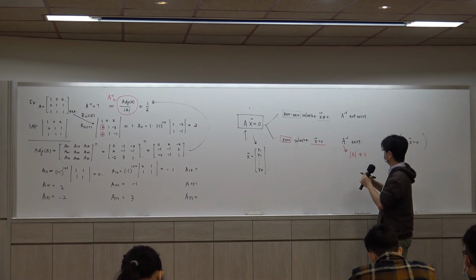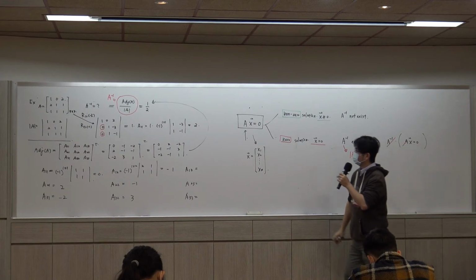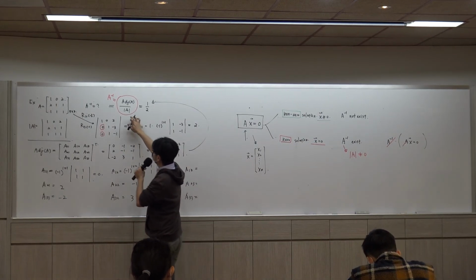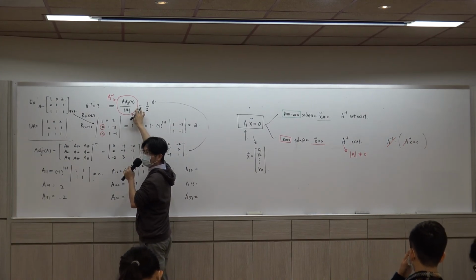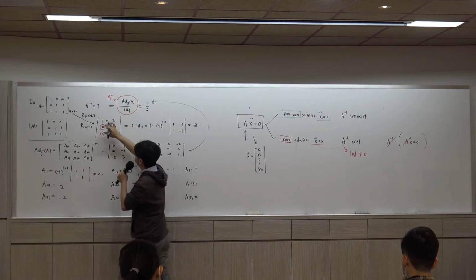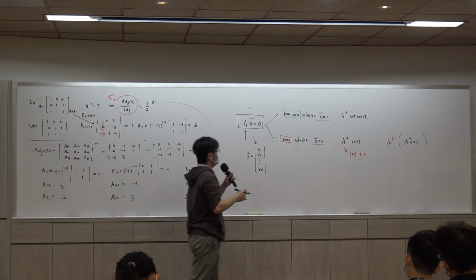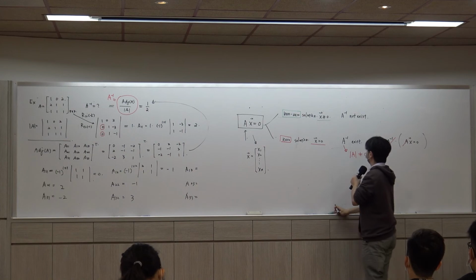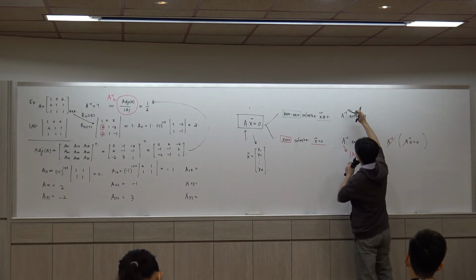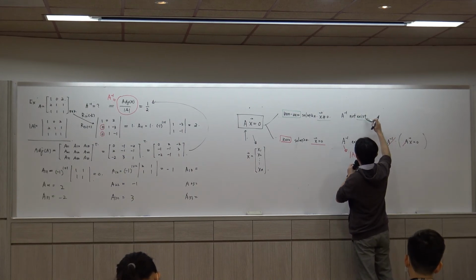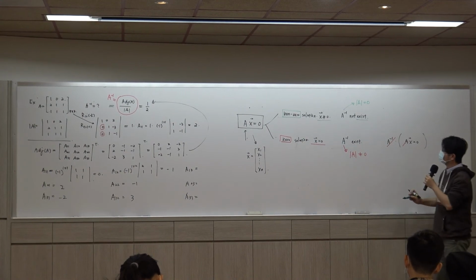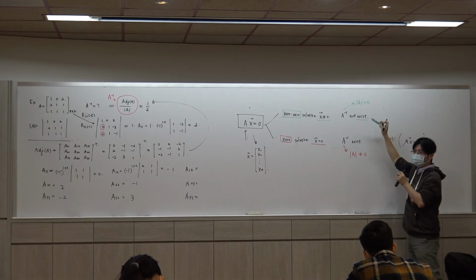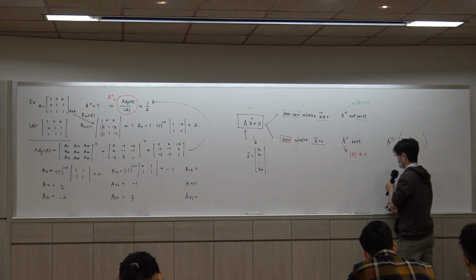Because if the determinant of A equals 0, the denominator will be 0, so this term will not exist. So they have two cases.